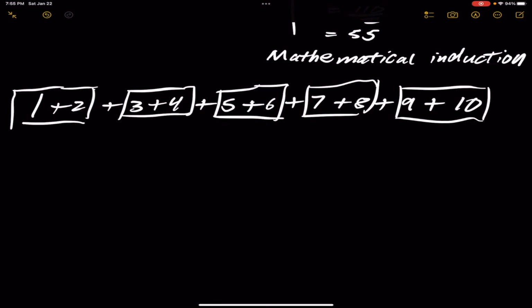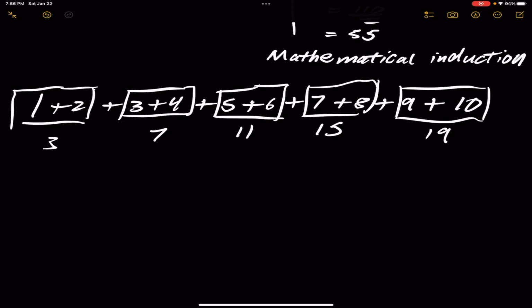So now you ask computer 1 to add 1 plus 2, you get 3. 3 plus 4, 7. 5 plus 6, 11. 7 plus 8 is 15. 9 plus 10, 19. And now you have the answers for all these problems. And now the controller will say, we got all these numbers here.